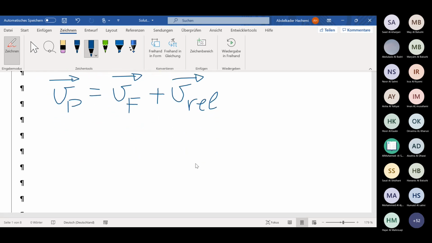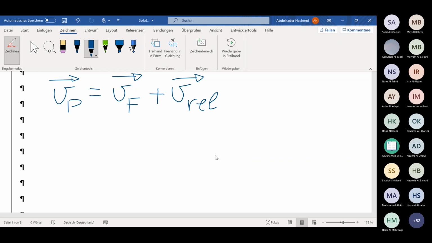Now, the whole system is rotating with the angular velocity omega 1, and the system, or let's say the disk D, is rotating with the angular velocity omega 2. Okay?